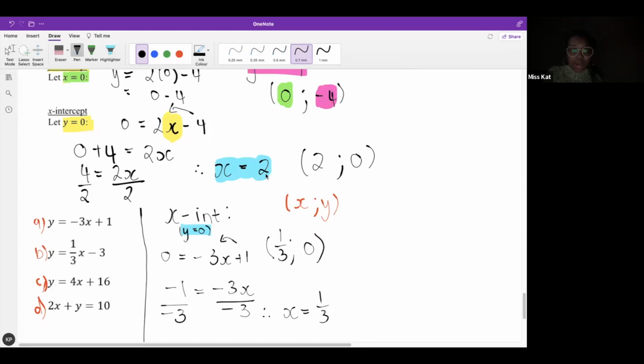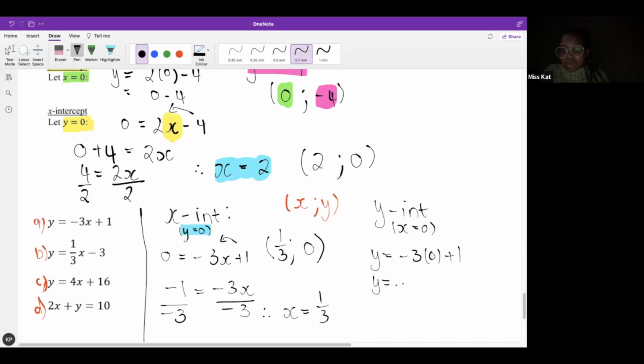Let me do the y-intercept over here. So for your y-intercept, remember I'm still doing A, guys. For your y-intercept, x is 0, okay? So then you're going to say y is equal to negative 3 times 0 plus 1.